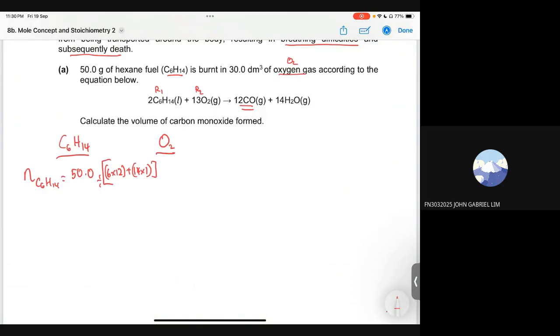The O2 there is very irritating, so let me remove it. I will shift O2 further down because I must remember to calculate later. So this will be 50.0 divided by 86.